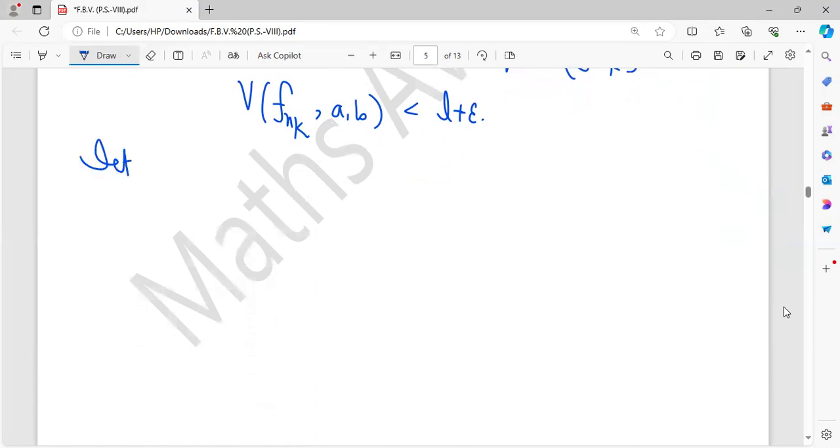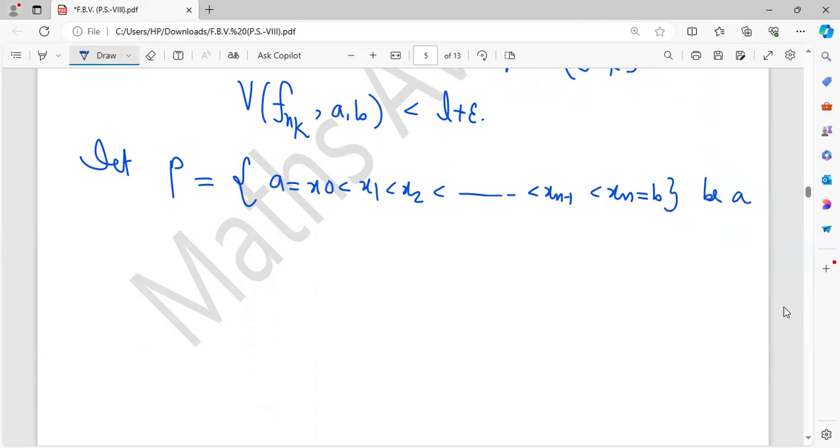Let P equal to {a = x0, x1, x2, ..., x_(n-1), x_n = b} be a partition of the closed interval [a, b].